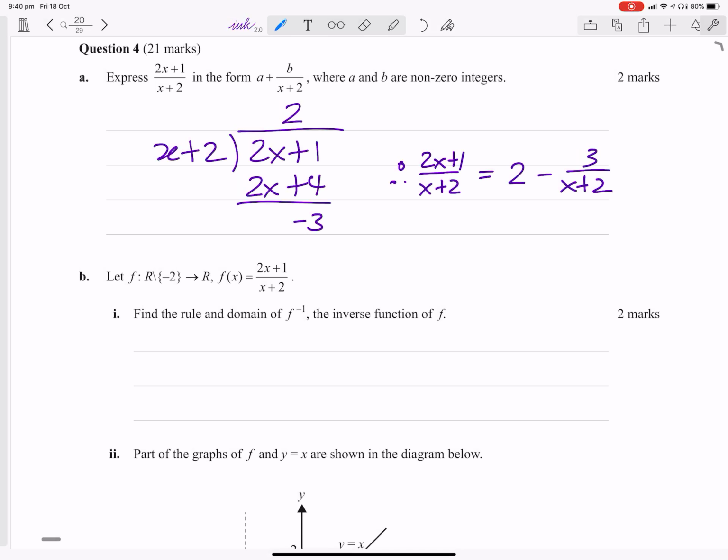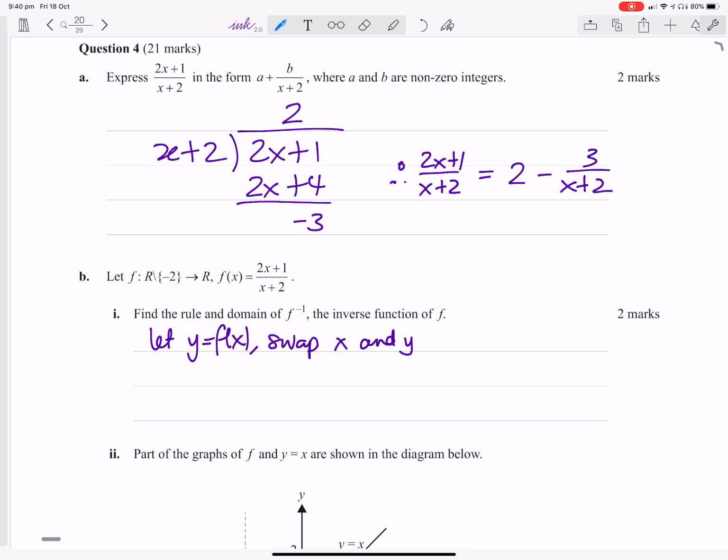Find the rule and domain for the inverse function. Okay, so let y equal f of x, swap x and y.